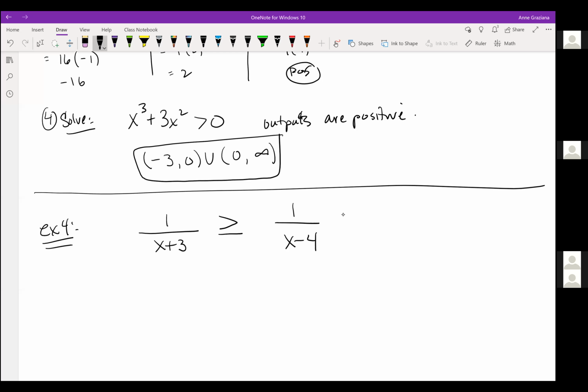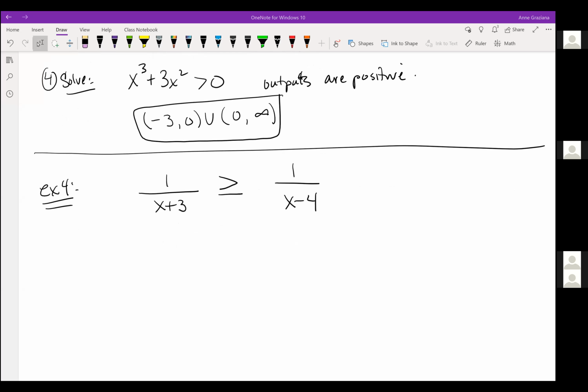Let's put 0 on the right and everything else on the left. So how would that be different? Can you subtract the 1 over x minus 4 to the other side? Yeah, and then put a 0. Yeah, that would be my advice. It's a little bit easier. So let's subtract 1 over x minus 4 from both sides, and then you're going to get this.